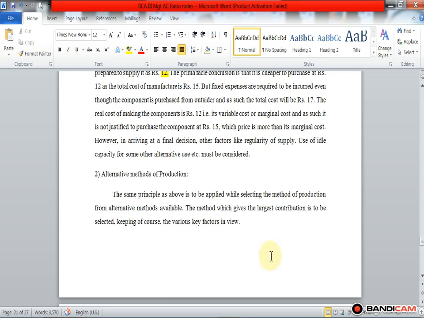So here the maximum contribution is selected, and accordingly the alternative method of production should be taken into consideration at the various levels of production, keeping in view the various key factors relating to production. This is known as the alternative method.